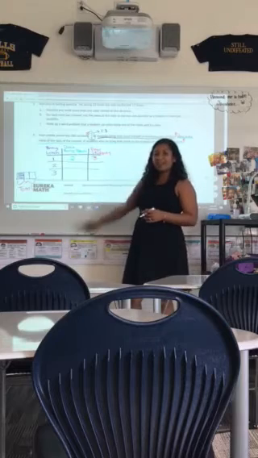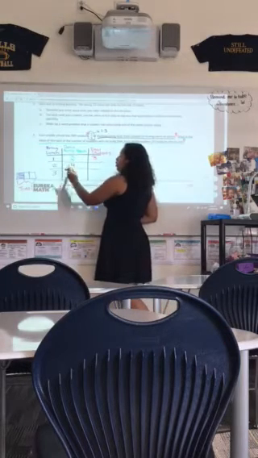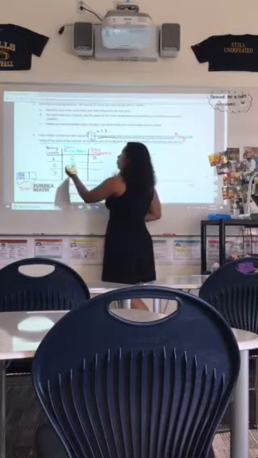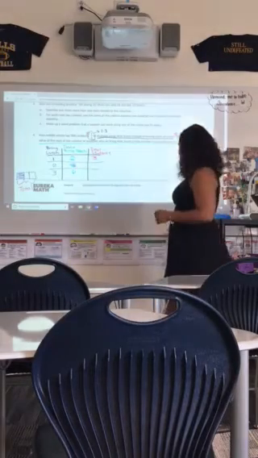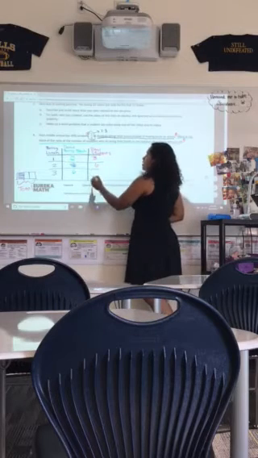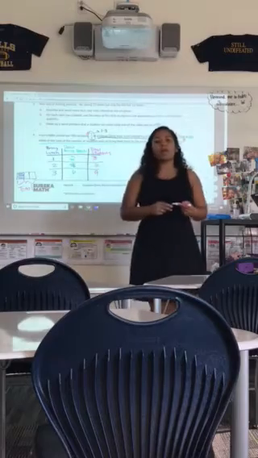We have 2s here, so we're going to skip count by 2s: 2, 4, oops, wrong color. I like to color code. 2, 4, 6. We have 3 here, so we're going to skip count by 3: 3, 6, 9.